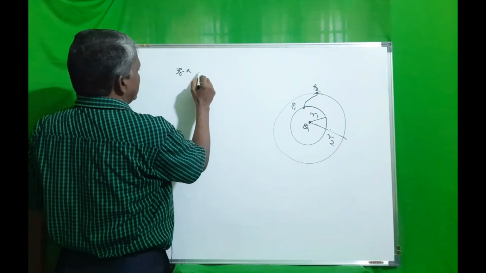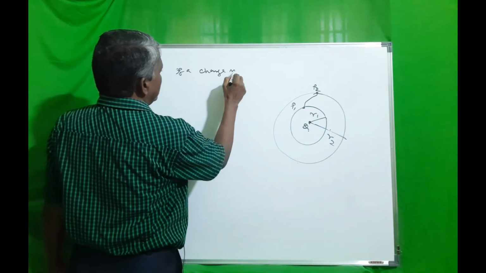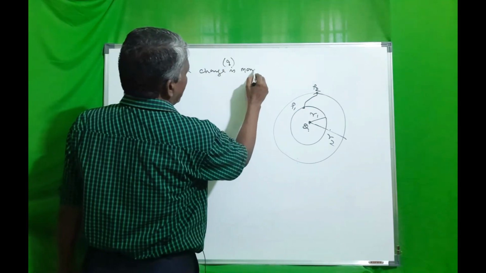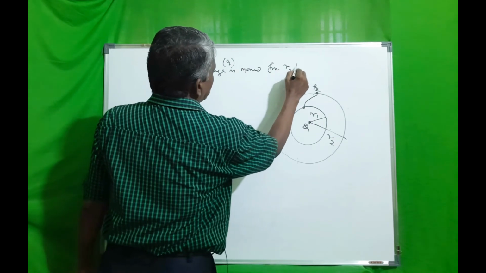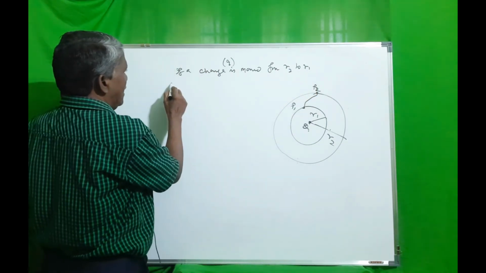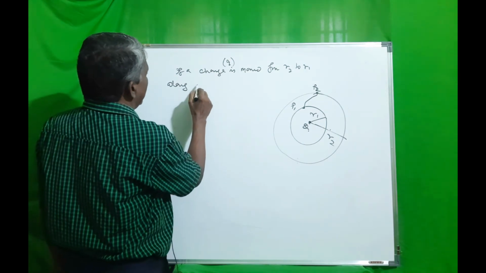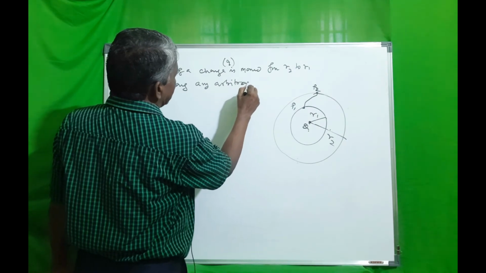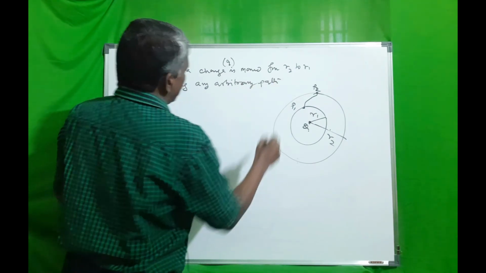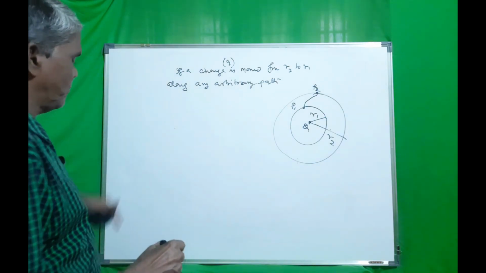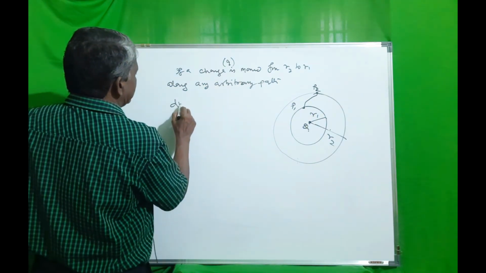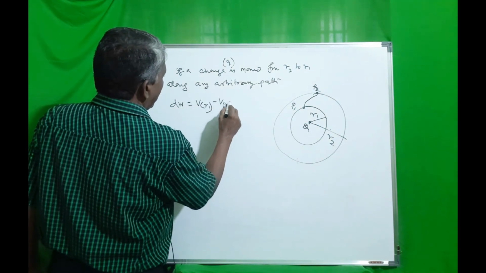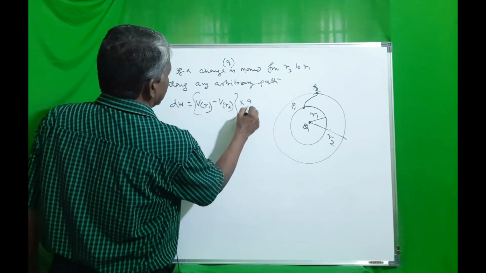If a charge Q is moved from r2 to r1 along any arbitrary path, the amount of work done is the difference of potential into the moving charge.